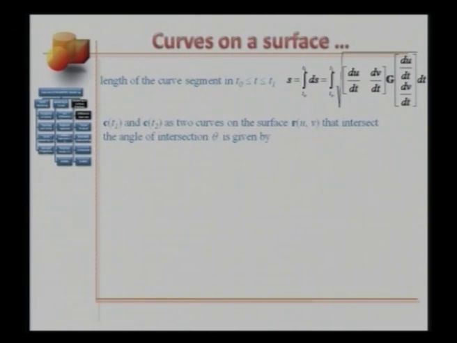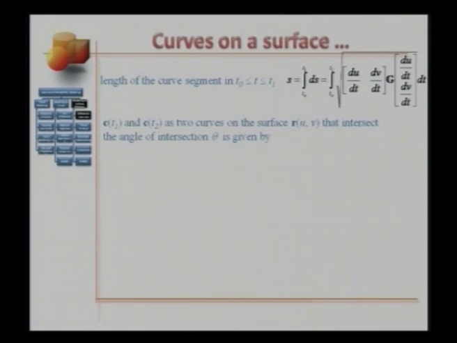Let's say we have two curves, C as a function of some parameter t1 and another one C as a function of parameter t2, which is different from t1. And these two curves lie on the surface patch R of u and v. And let these two curves intersect at angle theta.